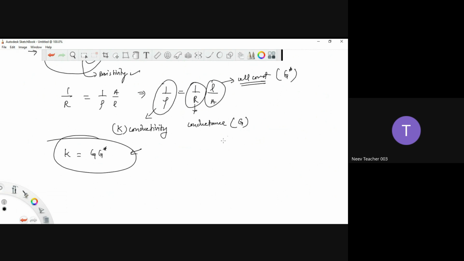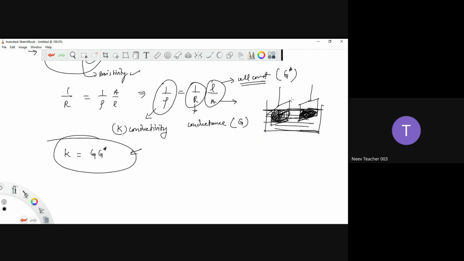This area of cross section is that of the electrodes: the common area which overlaps between the two electrodes, and it should be properly dipped into the electrolyte. That common area is the only one you consider.